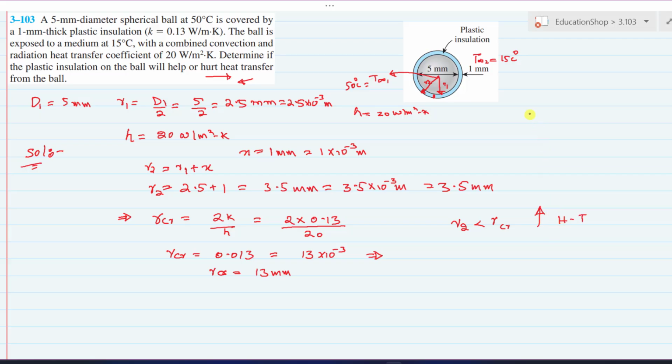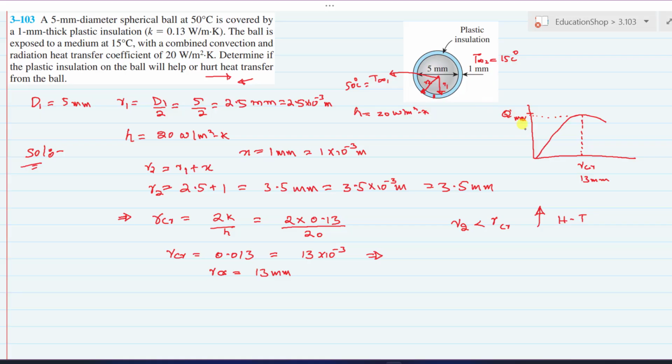Let me draw its graph so you can clearly understand. The graph of the critical radius against the heat transfer is just like this. Its value is maximum here. This is the critical radius of insulation, that is 13mm. Here the maximum heat transfer occurs at the critical radius of insulation, that is Q dot maximum.